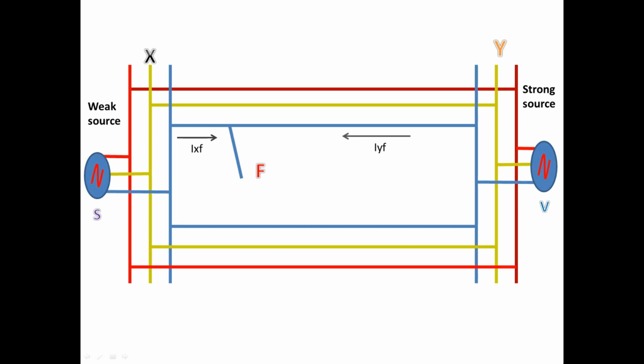Since the Y bus is connected with a strong source and this bus also has a parallel line, this IXF current is suppressed by this strong source. We will see how. From the strong side source there is one possible current flowing towards the fault, and from the weak source there will be one current flowing towards the fault.